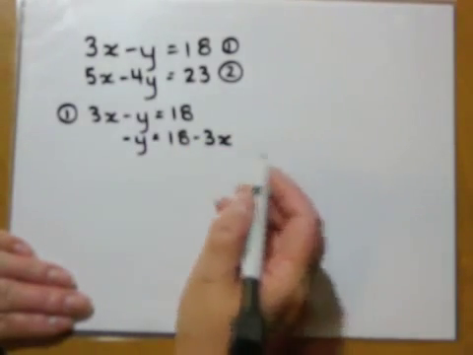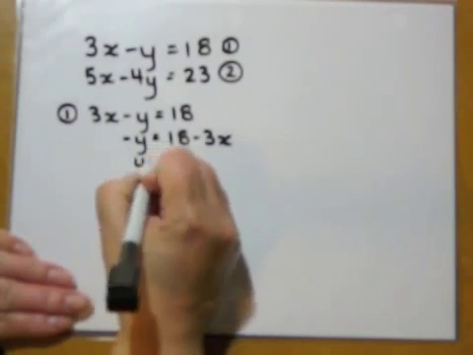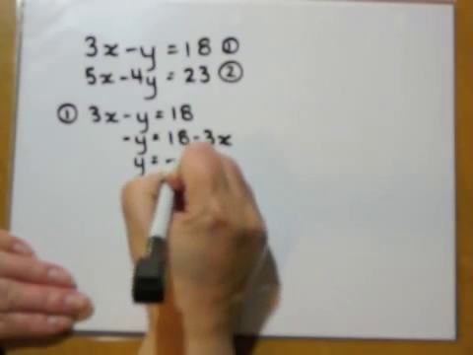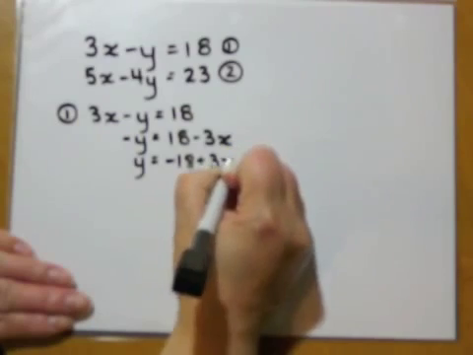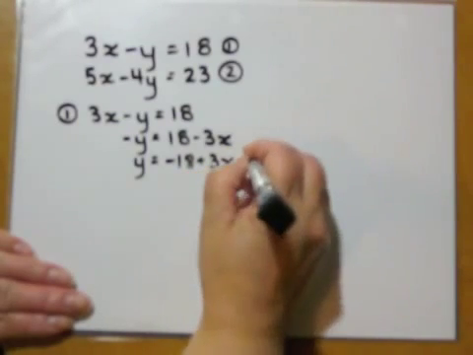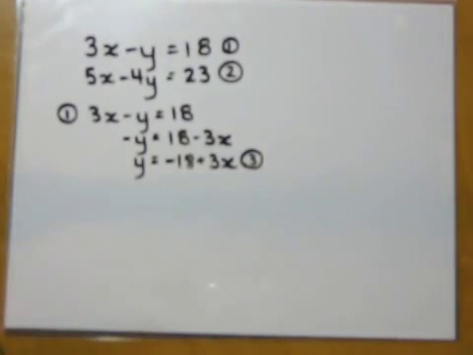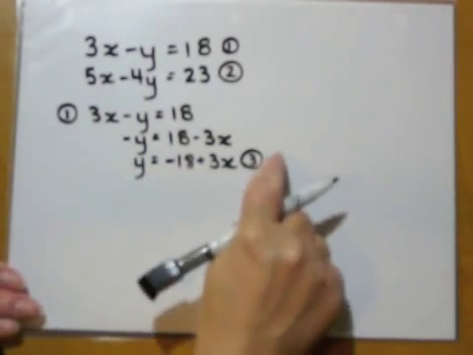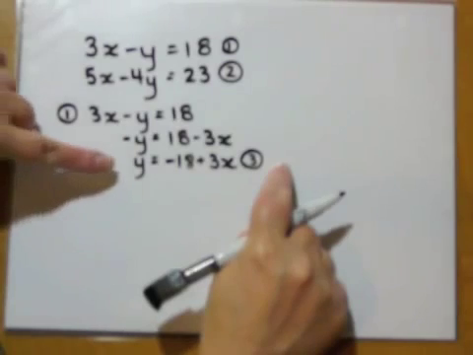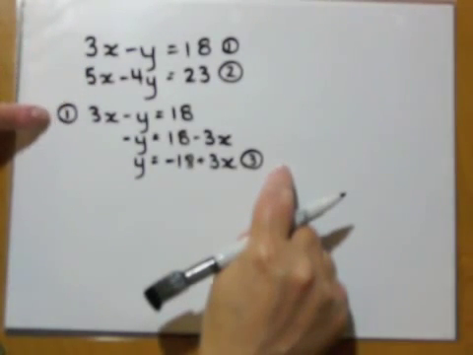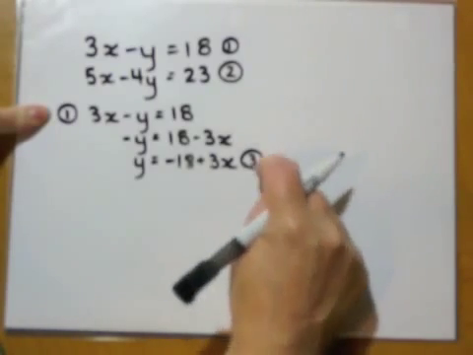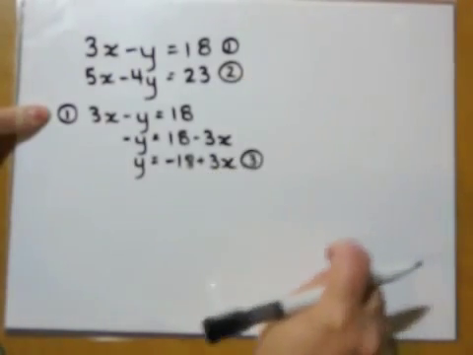So I'm going to divide both sides by negative 1, but I know all that does is switch the sign. So I have negative 18 plus 3x. I'm going to call this equation 3 so I can refer back to it easily. And I'm going to take my equation 3 and sub it back into the equation that I did not use here.